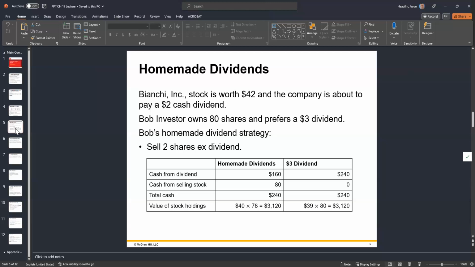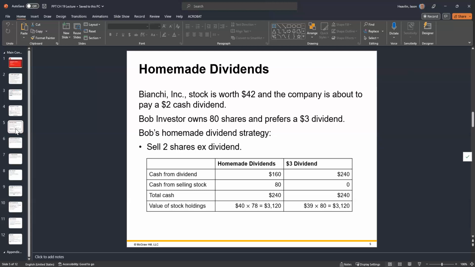A company that does not pay dividends means their stock price is going to go up a little faster, grow at a higher rate. There are other reasons for that, but at the end of the day, the total return is going to match the required return eventually. So whether you get it through dividends or capital gains, your total return will be the same.